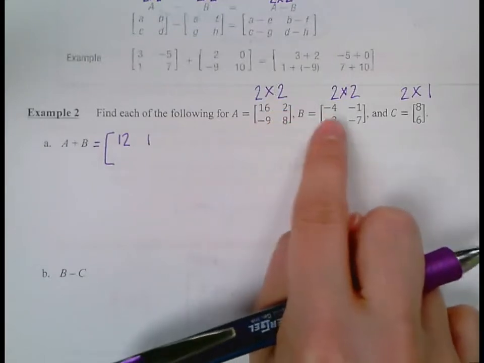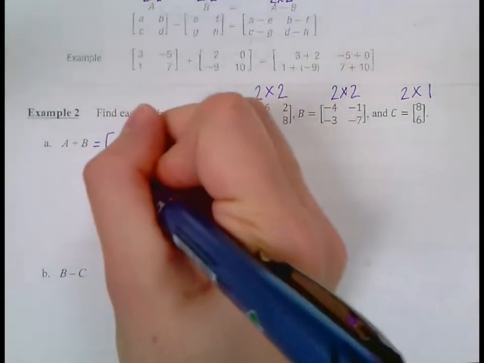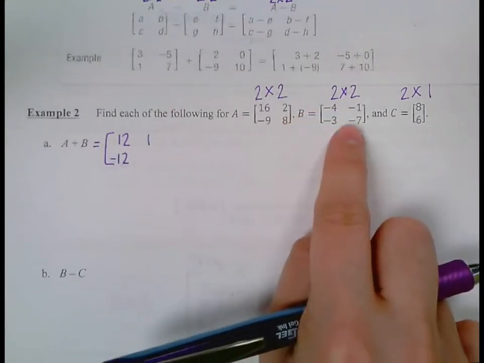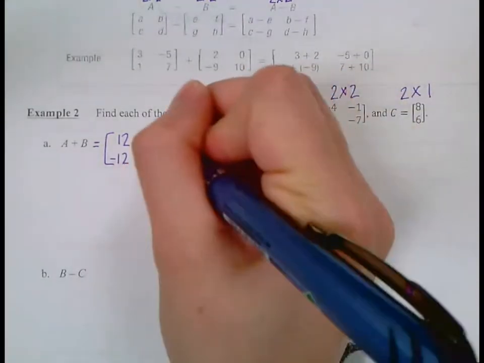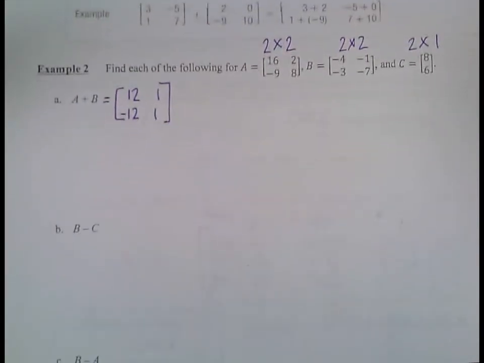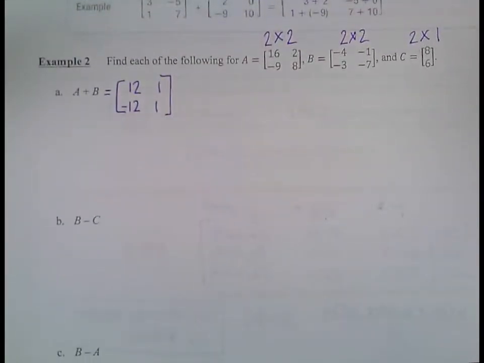And then negative 9 plus negative 3 is negative 12. And 8 plus negative 7 is 1. So that 2 by 2 matrix is my sum A plus B. Questions on that?